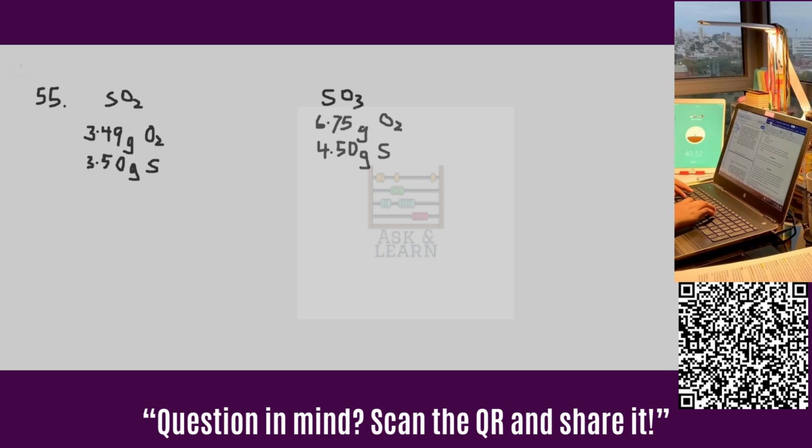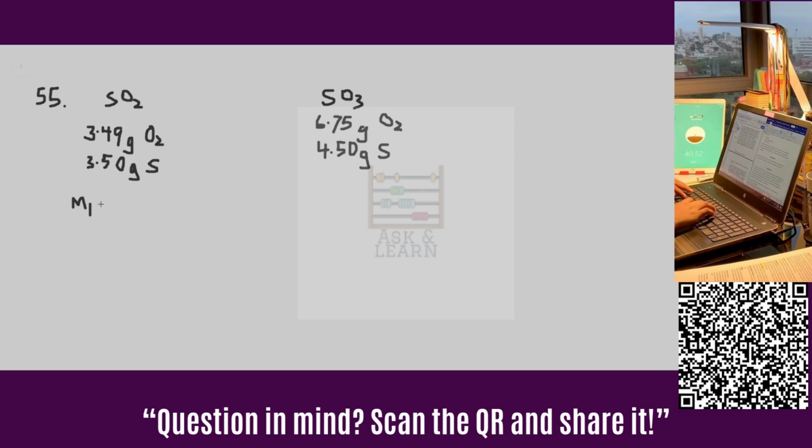The first part of the question: calculate the mass of oxygen per gram of sulfur for each sample. As stated, all we have to do is divide the mass of oxygen over the mass of sulfur.